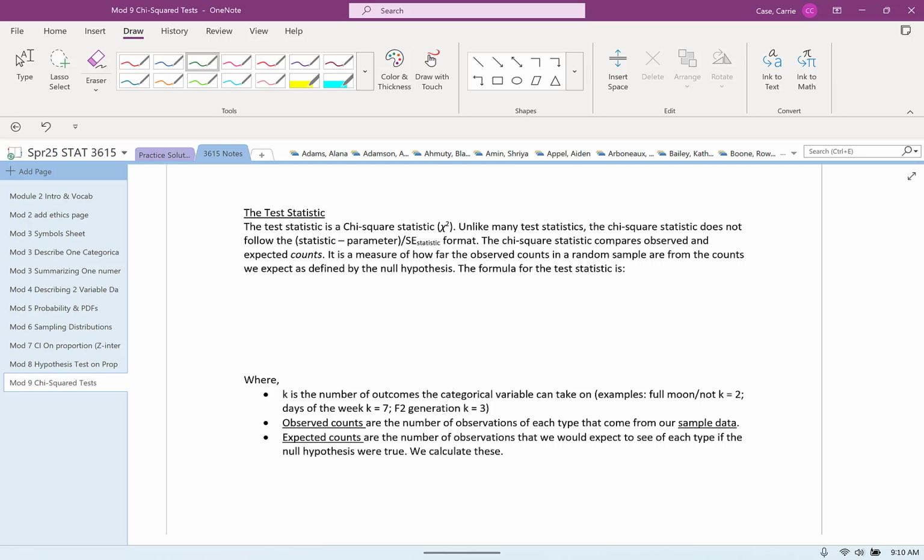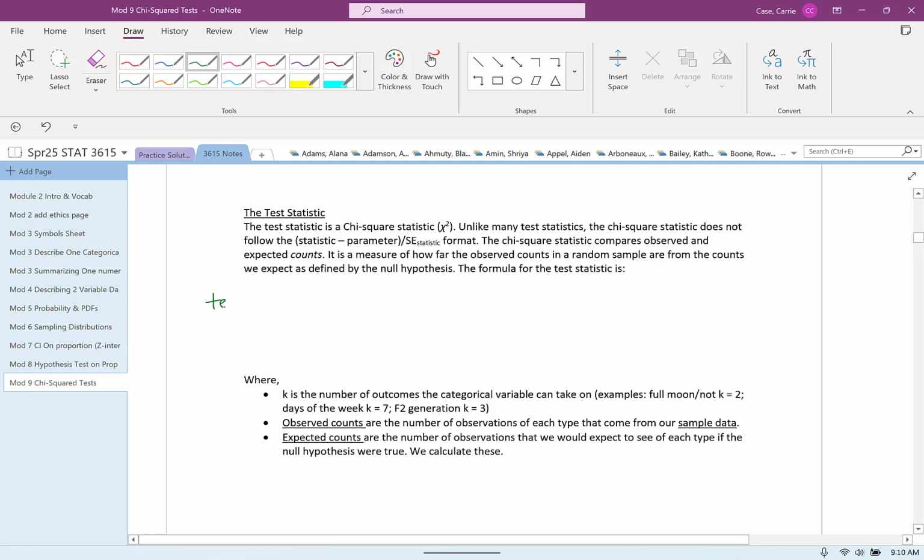So instead, the chi-squared statistic compares observed and expected counts, and this really has to do with the fact that we have categorical data. It's a measure of how far our observed counts, or our sample data in a random sample, are from the counts that we expect as defined by the null hypothesis. So, in other words, based on probabilities under the null.